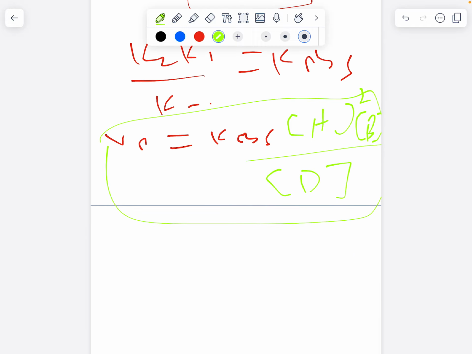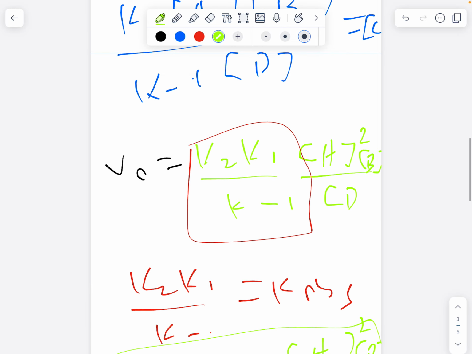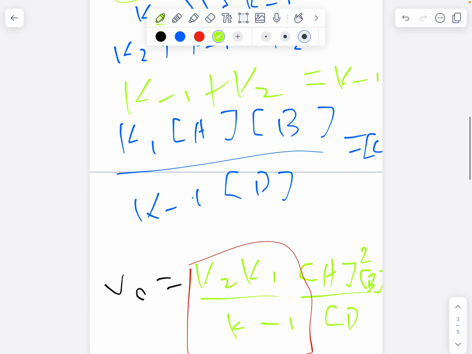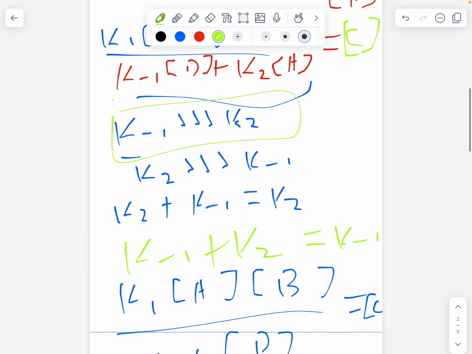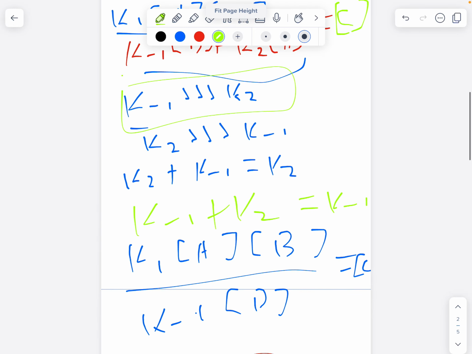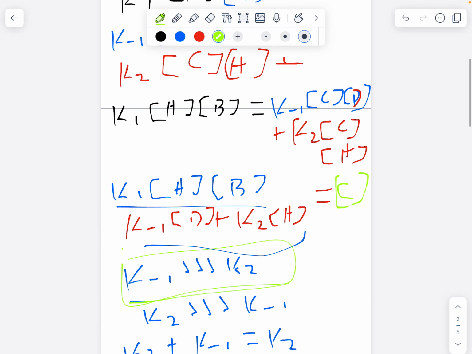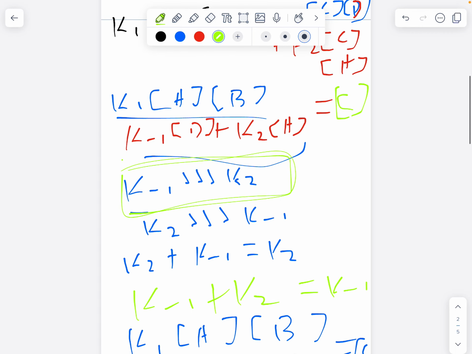I hope that helped. And so just to reiterate, when we don't know which step's the slow step and which step's the fast step, then we have to decide which assumption to make. We have to pick whether we want to make k minus 1 much greater than k2, or whether we want to make k2 much greater than k minus 1.